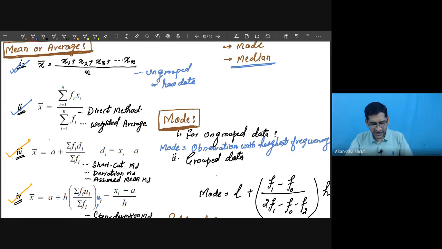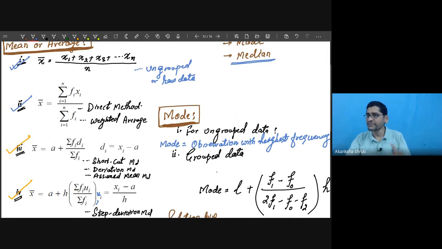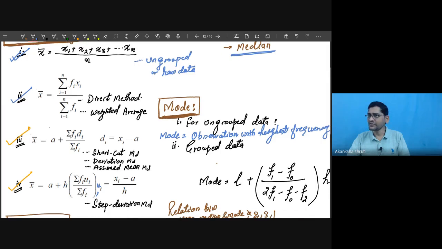For grouped data, the mode is determined by first allocating the modal class. From this modal class, we take the lower limit, the frequency of that modal class, the frequency just preceding that modal class, and the frequency succeeding the modal class. This modal class is the class which has the maximum frequency.